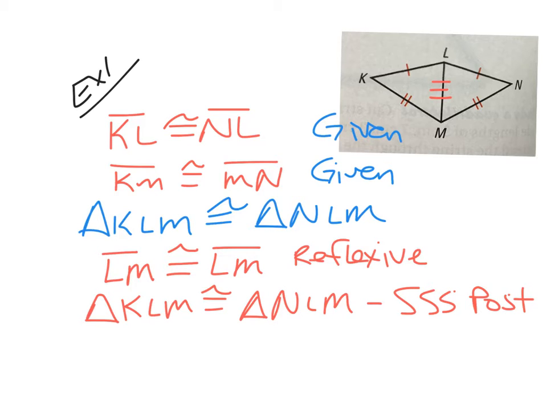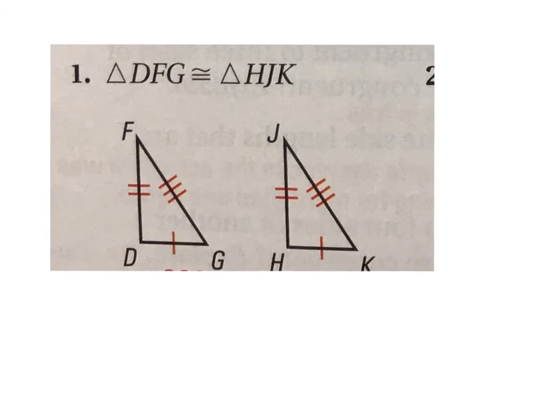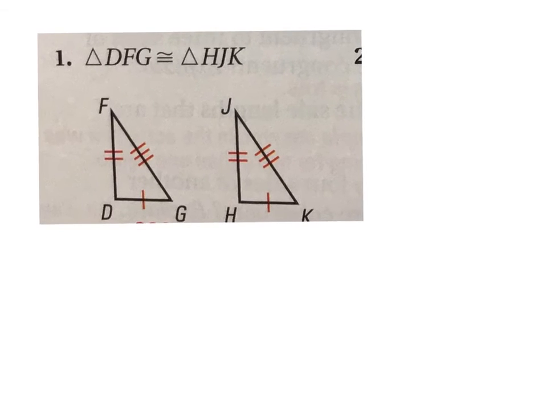So I want to do a couple of these guided practice down here. Try not to get the answer. All right, so looking at number 1 on the guided practice.